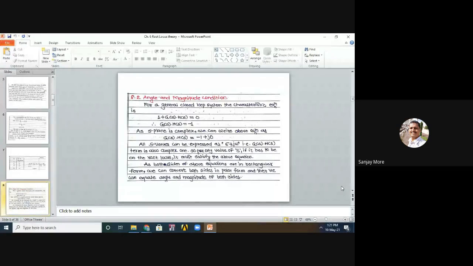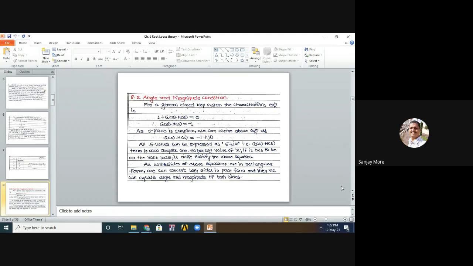The second theoretical part is the angle and magnitude condition. If you draw or solve any graphical problem, you have to check the angle and magnitude, meaning direction, positive or negative, to solve this problem.